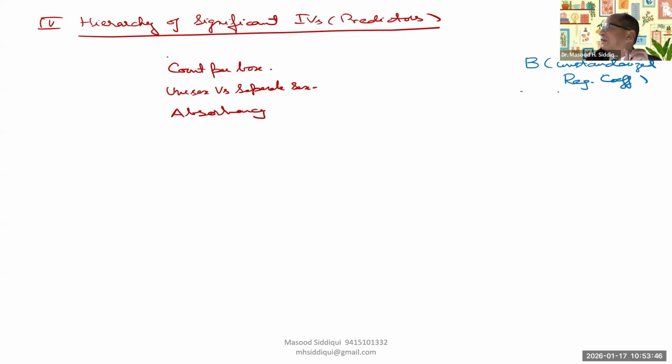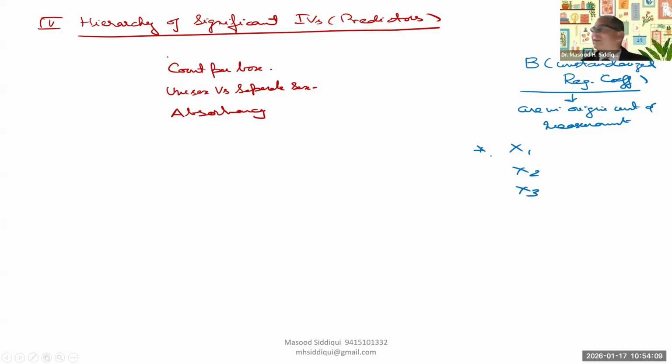Now these B are in the original unit of measurement. Let us take an example. Suppose we have three predictors that appear to be significant: x1, x2, and x3.